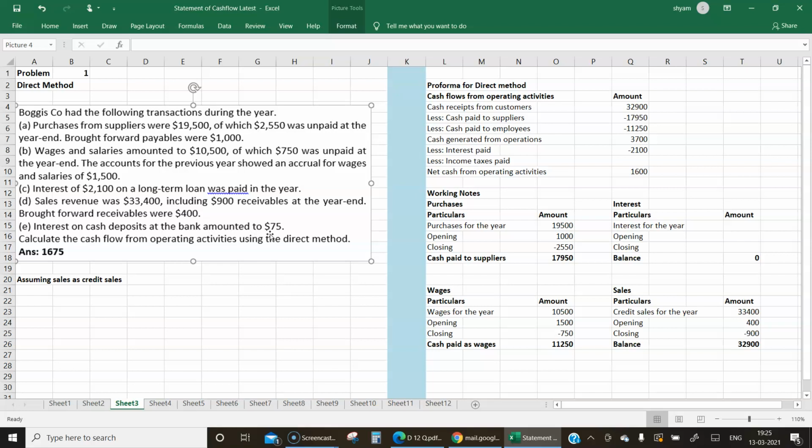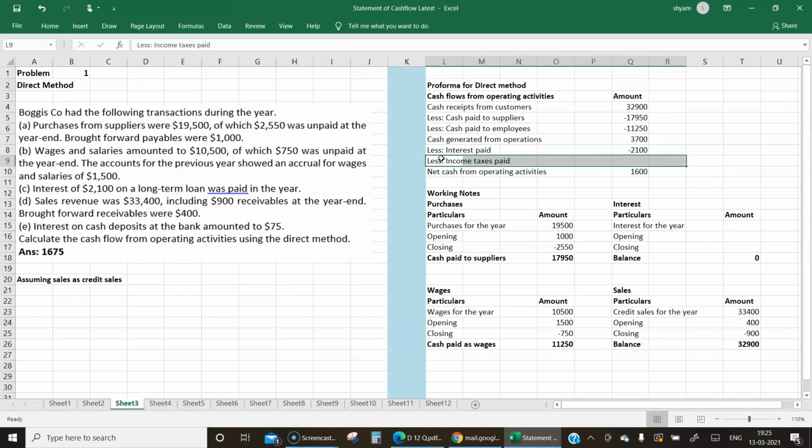And we have received interest on cash deposit at the bank amounted to 75. So this is interest on cash deposits. This could have been shown in two places, either in investing activity because we have invested it in a bank, or you could show it here.